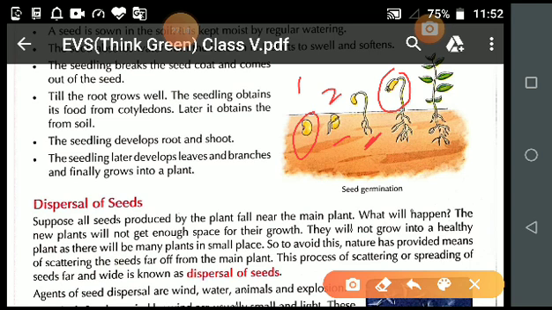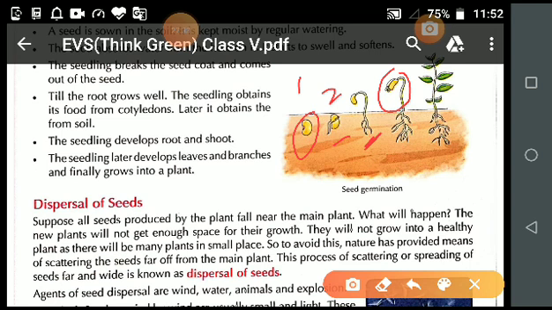Now what's happened, student? Roots start going deeper in the soil, because I already explained to you the function of the root. Roots absorb water and minerals from the soil for the growth of the plant. So here we put the seed in the soil.